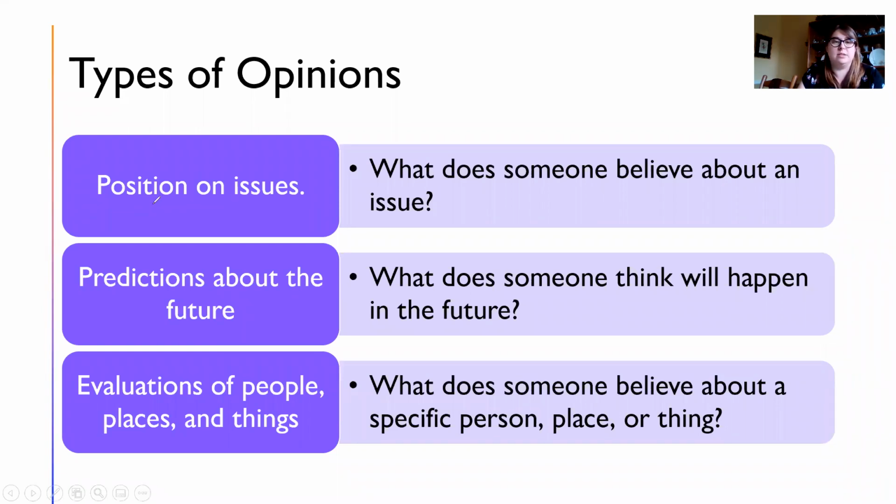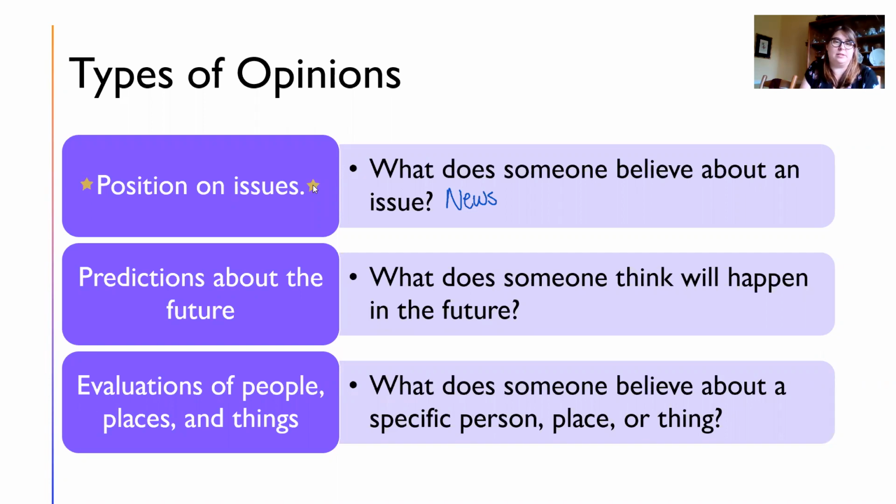And these really work a lot with the news. A lot of the major news stations talk about different politicians and their political viewpoints. Those are just positions on issues, and we can't treat them as fact because they are personal opinions. So this is a really important type of opinion that we want to remember.